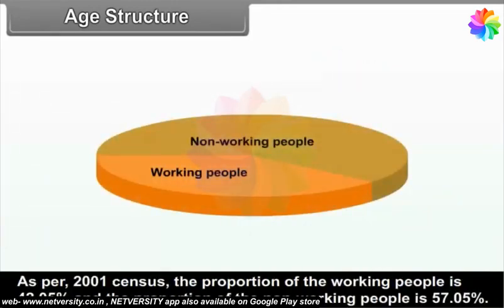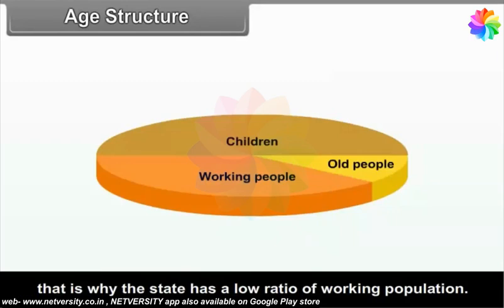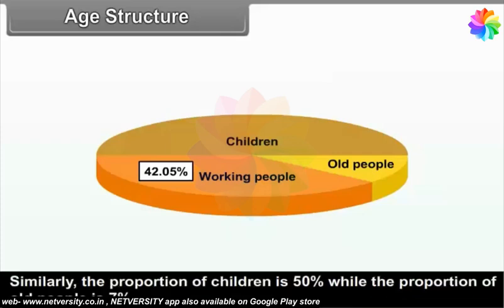As per 2001 census, the proportion of the working people is 42.05% and the proportion of the non-working people is 57.05%. That is why the state has a low ratio of working population. Similarly, the proportion of children is 50%, while the proportion of old people is 7%.